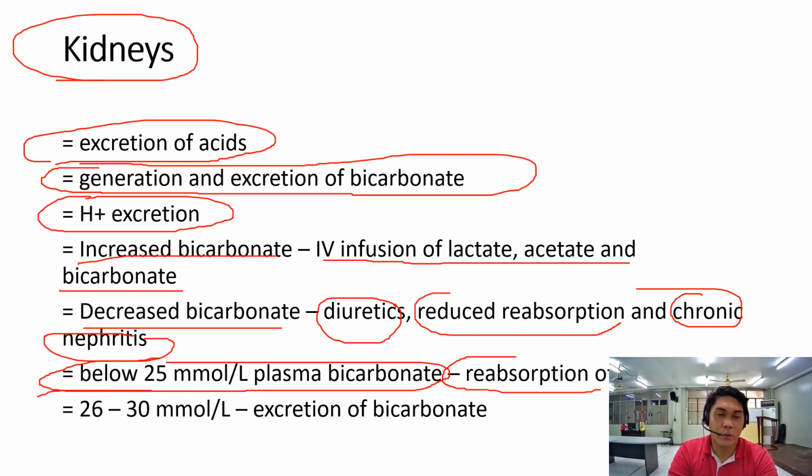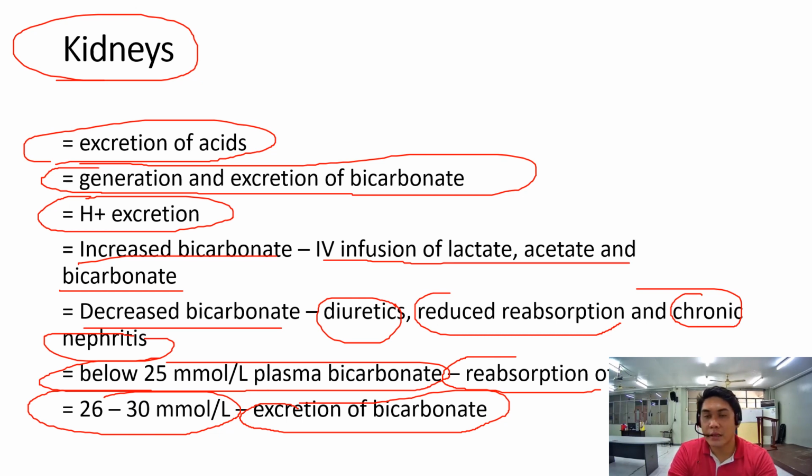If it is within 26 to 30 millimoles per liter, then there is continuous excretion of bicarbonate, to maintain that 25 millimoles per liter of bicarbonate. If it is less than 25, the body will try to reabsorb. If it is greater than 25, it will excrete some of the excess bicarbonate ion.